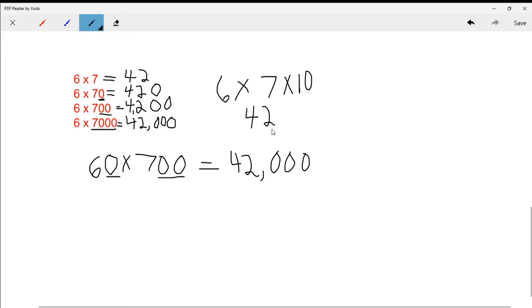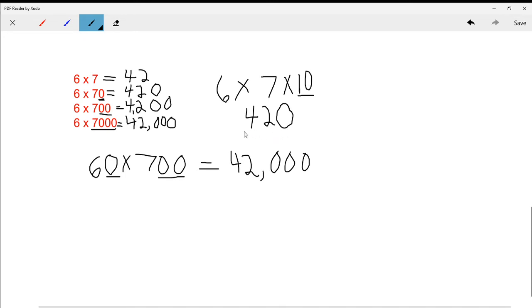So when you have 10 groups of 42, when you're multiplying by 10, all you're doing is, what ends up happening is you just end up adding 0, basically.